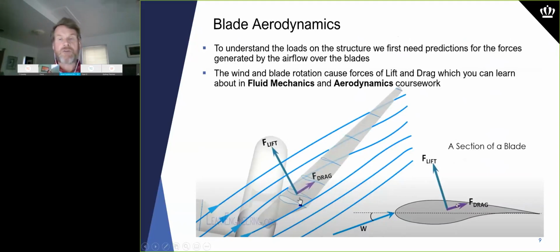Those forces act on the structure of the blade. And so now that we have a prediction for what those forces look like, we can actually size the blade structure to resist these loads. So to understand where these forces come from, we can again turn to fluid mechanics and also aerodynamics coursework. Again, both courses in the undergraduate curriculum.